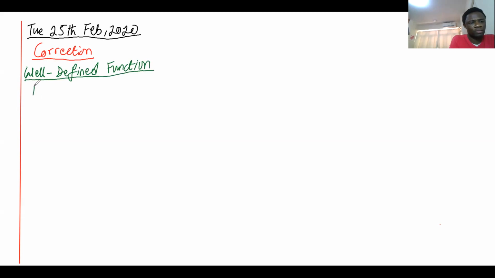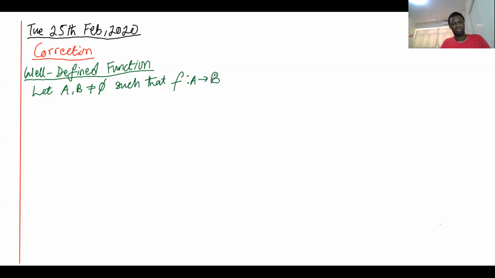Let A and B be non-empty sets such that f is a function that maps elements from A to B. That's the meaning of what I've written.